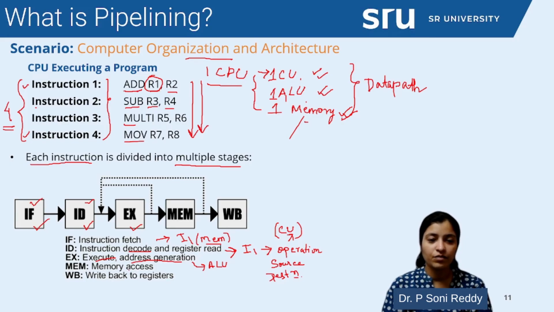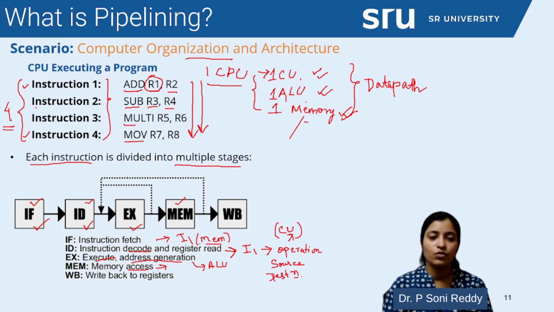Then we have the memory access. Memory access means the output of the execution will be temporarily stored in some memory space. So this step is called the memory access phase.